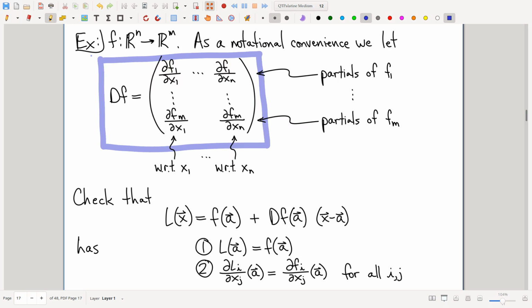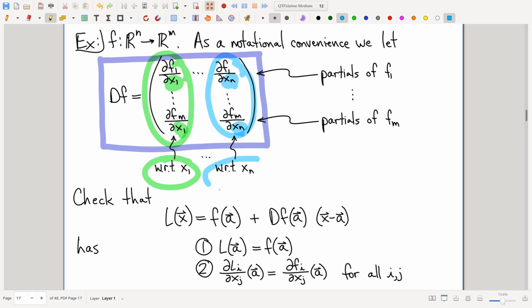Now, those partial derivatives have to be put into the matrix in a highly structured way. You're going to notice quickly that all of the first column are partials with respect to x1, et cetera, et cetera. All of the last column are partials with respect to xn.